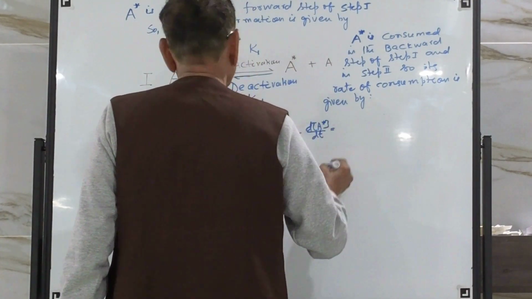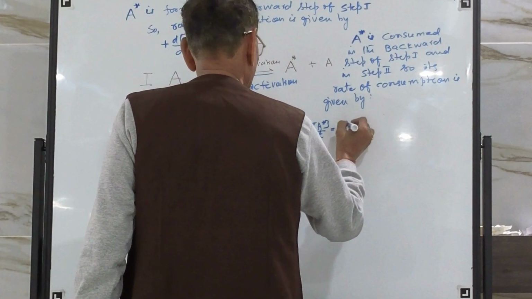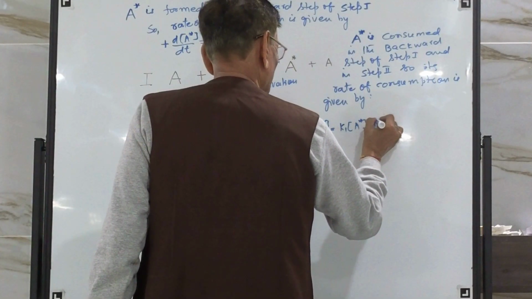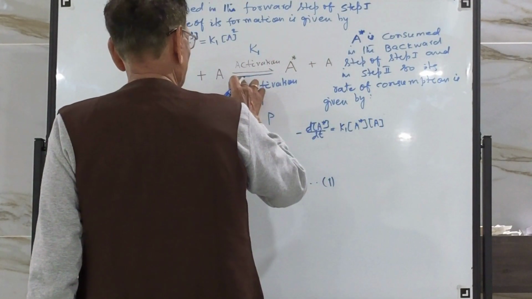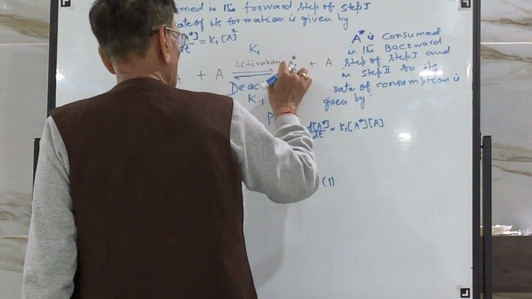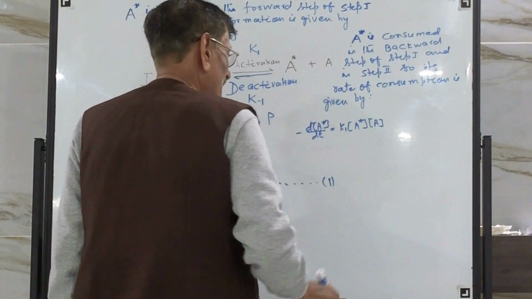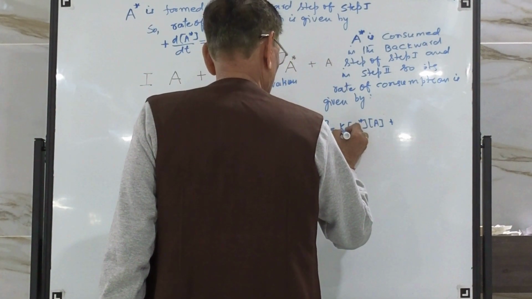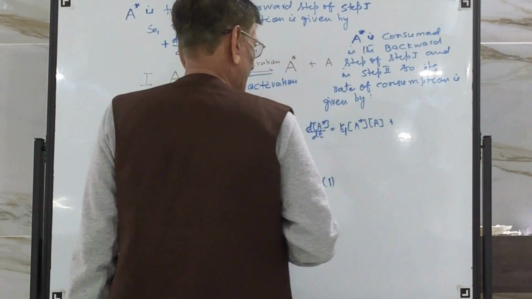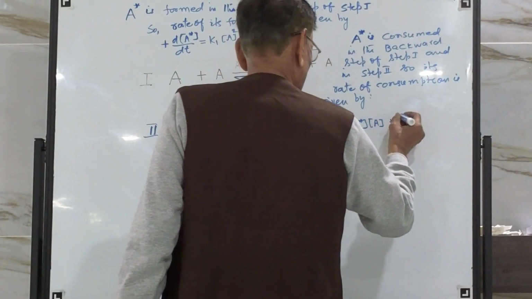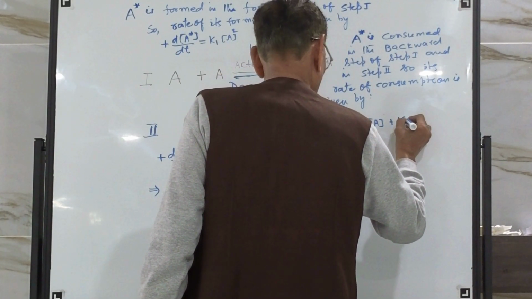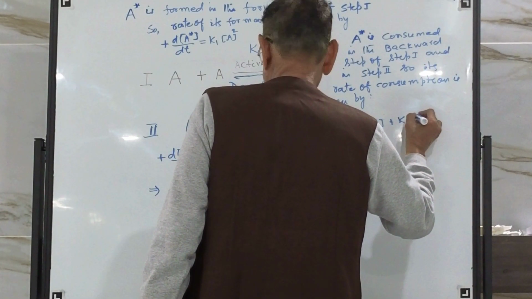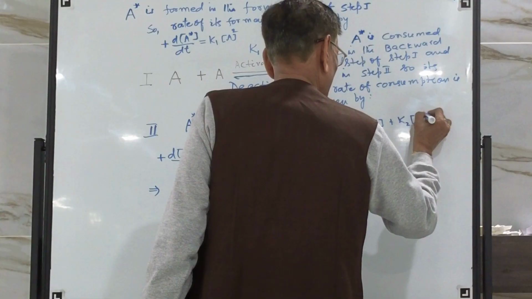This is K minus 1 into A star into A, the rate of this backward reaction in which A star and A are taking part, and plus K2 into A star.